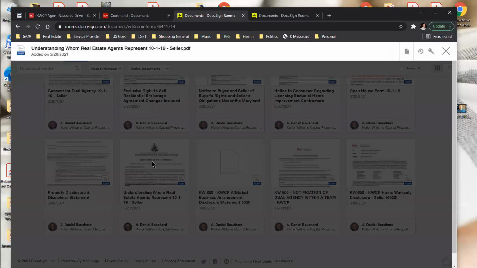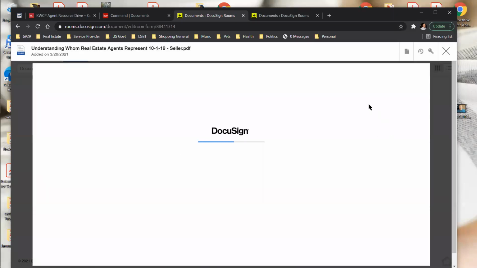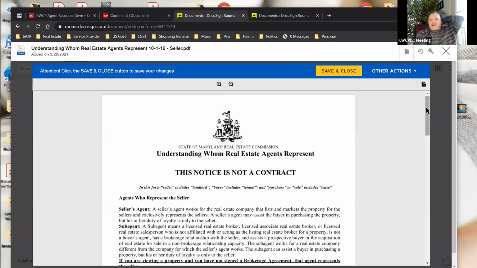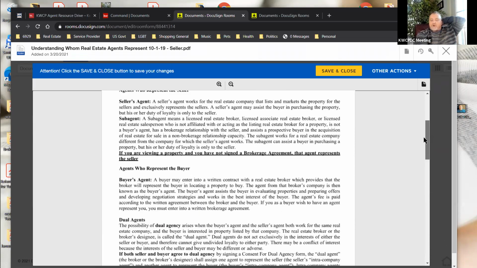So correct. If you're going to be showing a property and you don't yet have a buyer agency agreement, you must use this form and use that with the buyer.